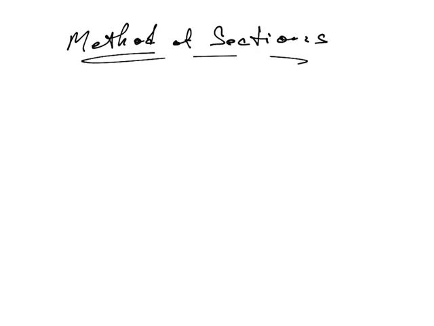So today what we'd like to do is look at a second version of a truss analysis, which is called the method of sections. Before, we've learned the method of joints. Let's say you have some truss like this, of course, don't mind my bad drawings, I'm just drawing it quickly.